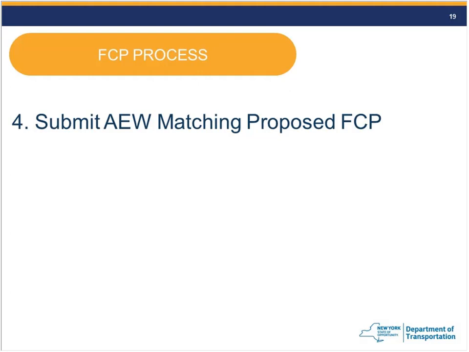What else do we got here? On an AEW overrun, the work is done. Do you need separate AEWs for one portion of overrun done, then a separate AEW for the remainder? No, if you break a threshold, that can all be done on one AEW, if it meets the criteria.